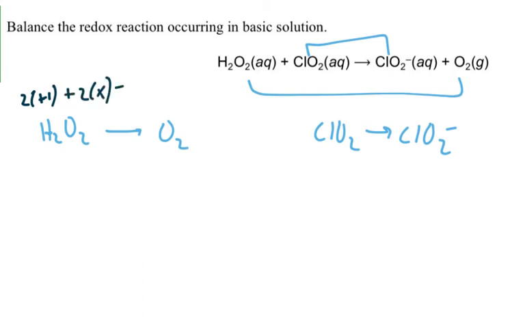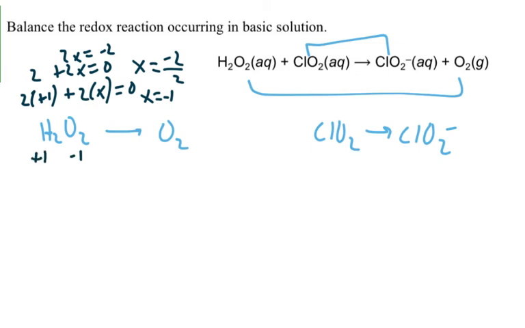We don't know the value of oxygen, we'll call it X. When you do the math, you got 2 plus 2x is equal to 0. 2x is equal to -2, so x is going to be -2 over 2. X actually is going to be -1, and that's because the oxygen is a peroxide here. And notice that oxygen is going from -1 to 0.